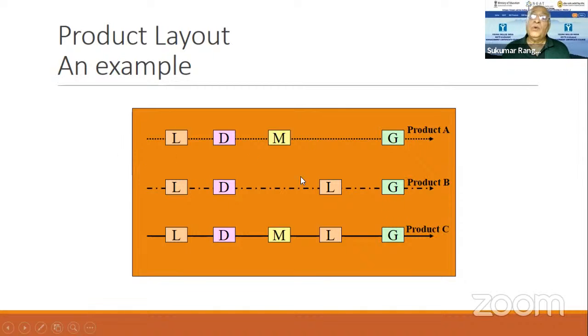Now, this is a lot more efficient, provided I'm able to load. You see, ultimately, what are the considerations in manufacturing? That there should be maximum utilization of the equipment and the manpower for each one of these. Suppose this takes 1 hour, whereas this takes only 10 minutes.